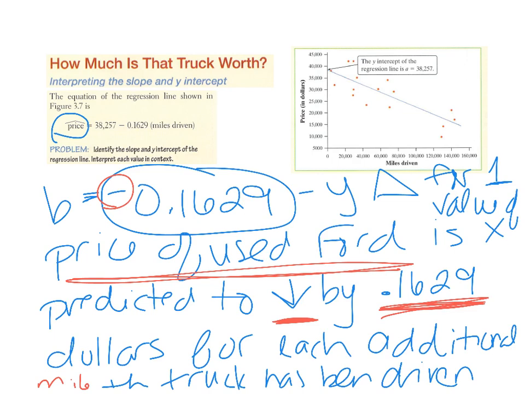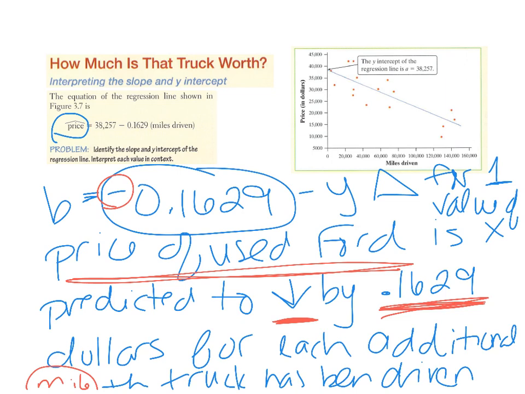So there's my one unit right there, mile, for every one unit of x. So every additional mile the truck has been driven, because these trucks aren't like this one was driven 20,001 miles and this one was driven 20,002 miles. If you look at your scale for miles here, you're going from 0 to 160,000 miles. Okay, so that's how you're going to interpret slope.